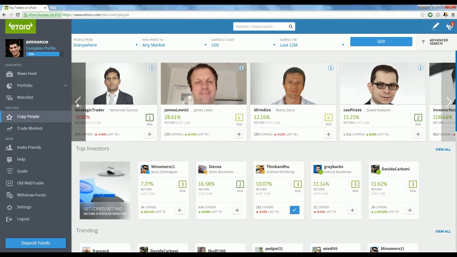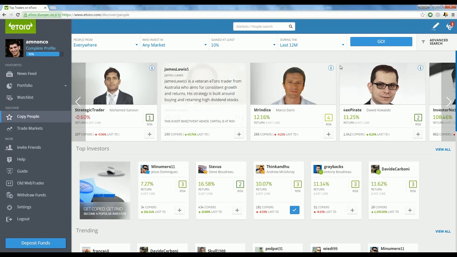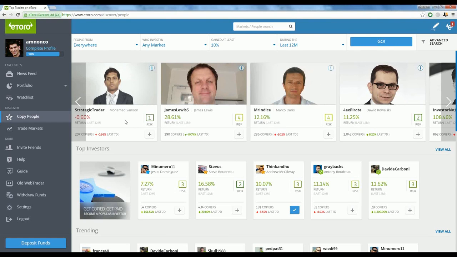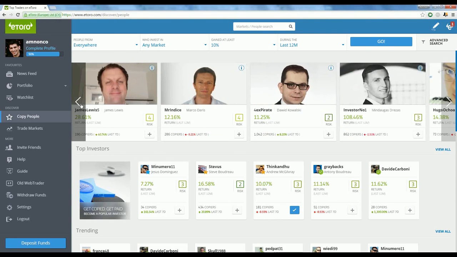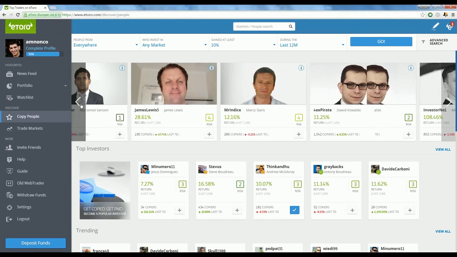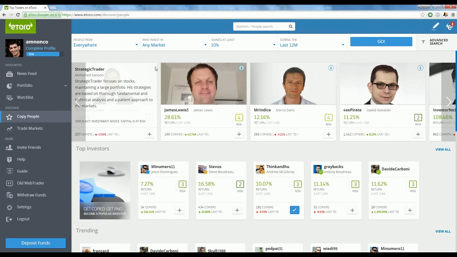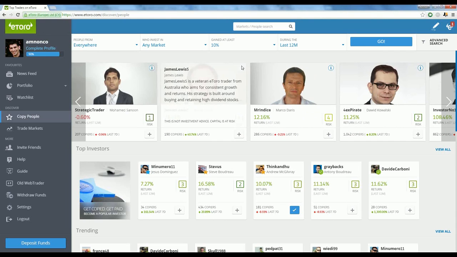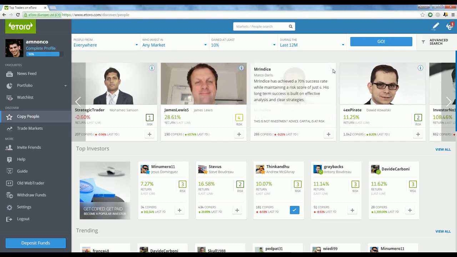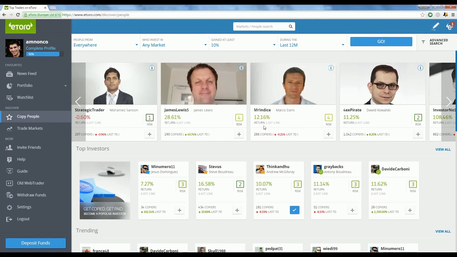And just to make it easier for you guys, we have a team that decides on who appears here in this editor's choice feature in the discovery. We have the rationale behind adding these traders here, so you can read about them, check their stats, and then decide if you want to join in or not.